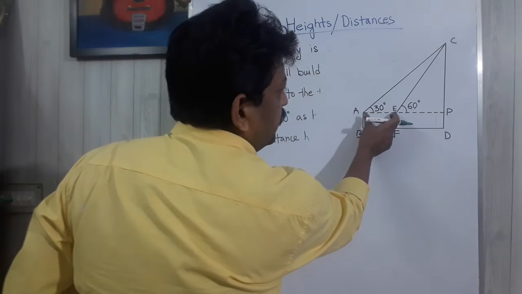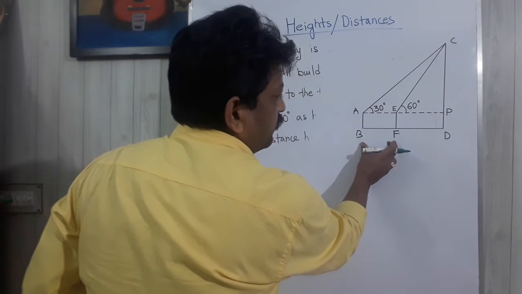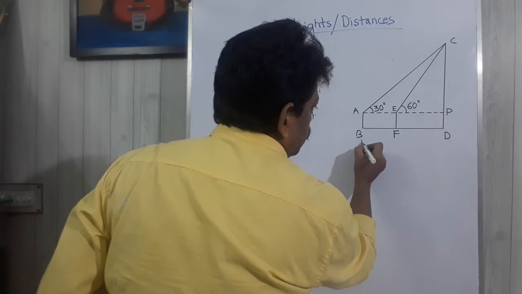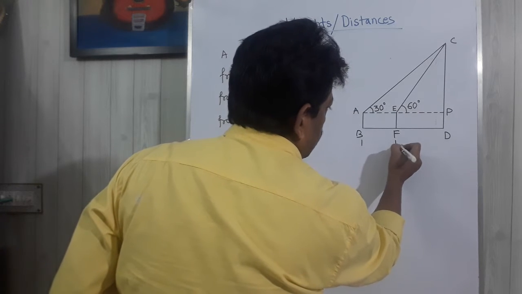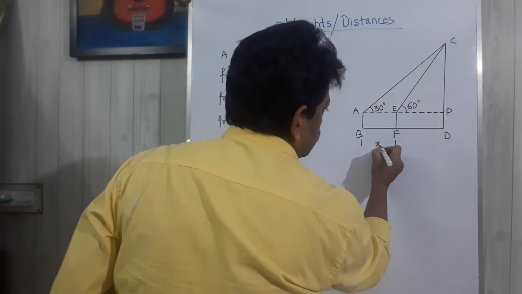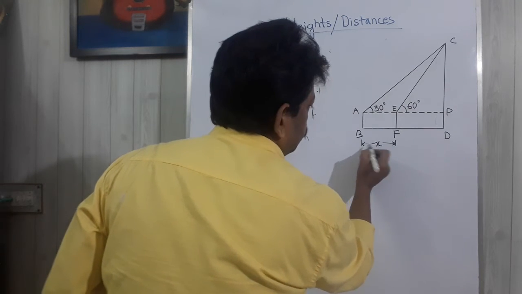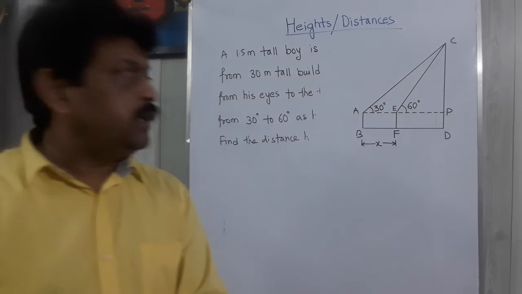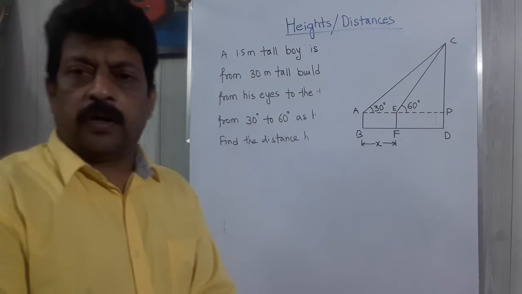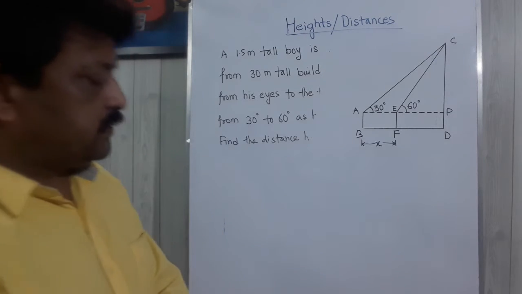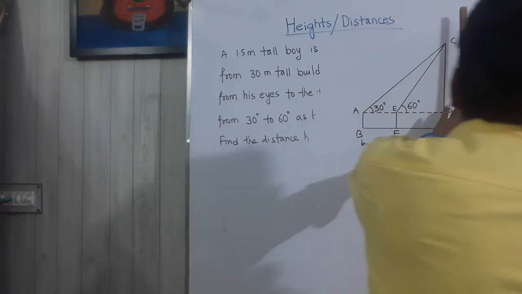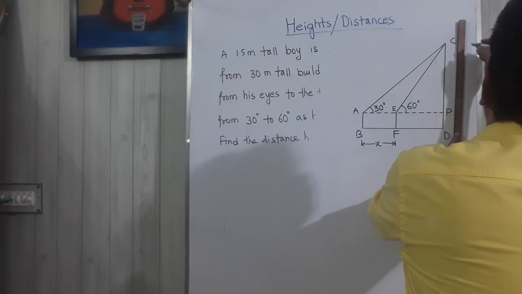So it is AE, or BF, as we can say. We don't know this distance. Let us mark this distance as X. X is the distance covered by the boy. Now how can we get the value of X? It is very easy. See here, the total height of the building was given as 30 meter.